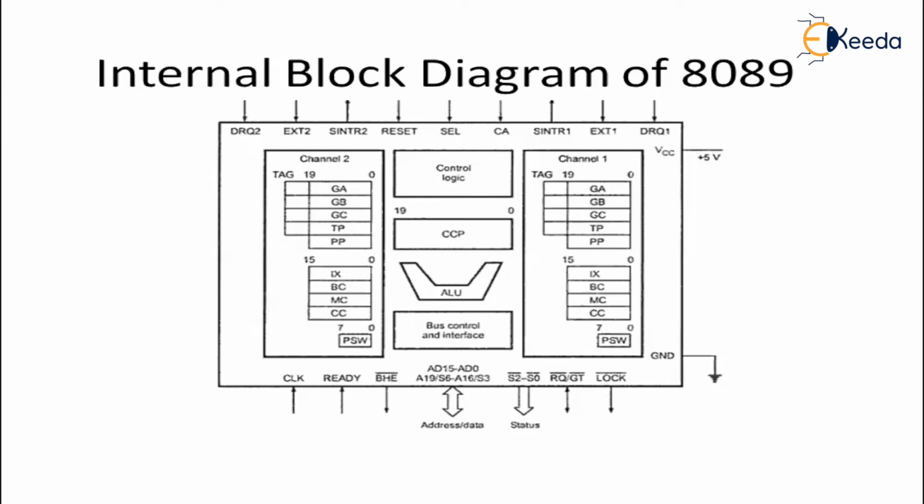Then we have the different channels which are interconnected with each other with the help of control logic, ALU, bus controller and interface, CCP, and so on. So there is a reset signal if you want to reset the entire diagram. Once again, there is a reset signal that is attached to it.